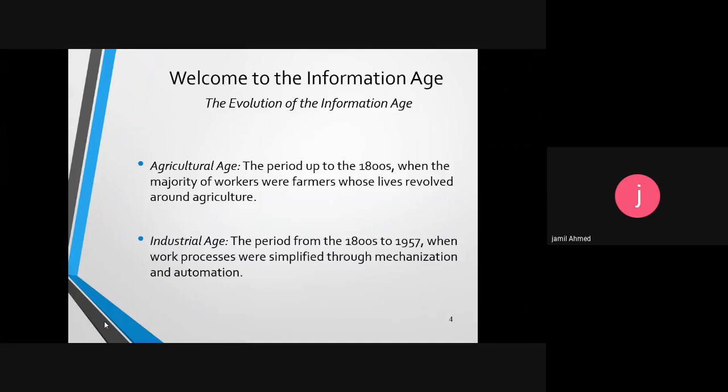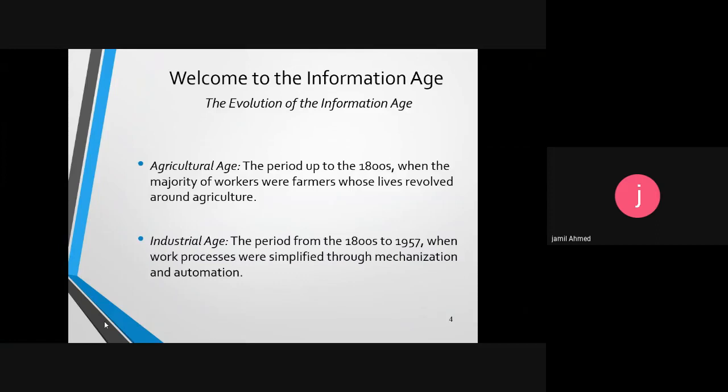But in the industrial age, we saw that lots of industries were involved from the 1800s to 1957, when work processes were simplified through mechanization and automation was done. It means people were manually working in that area, and then mechanisms were brought in, bringing automation.